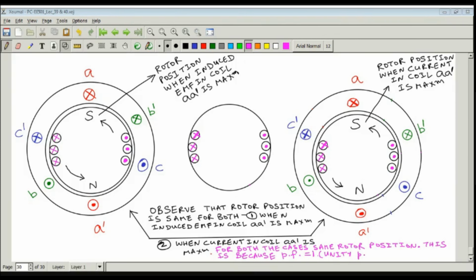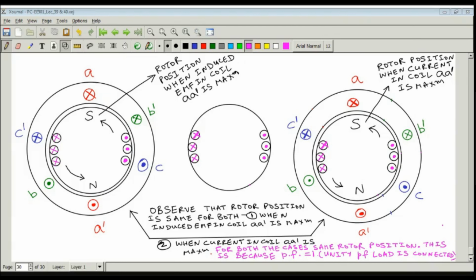This is something we should be able to realize, because in the beginning itself it was said that the current is at unity power factor. That means both voltage and current will be in the same phase. What do we mean by this? It means that the maximum of voltage as well as the maximum of current will happen at the same time.